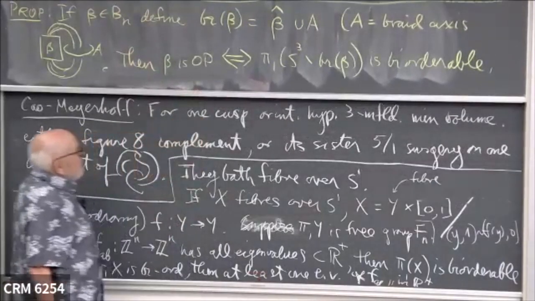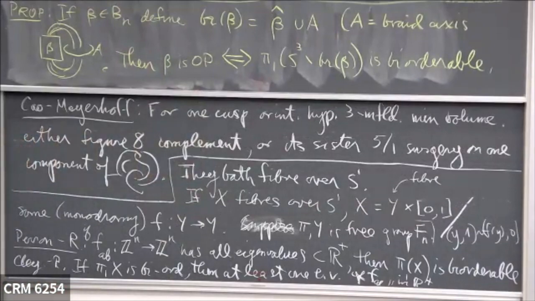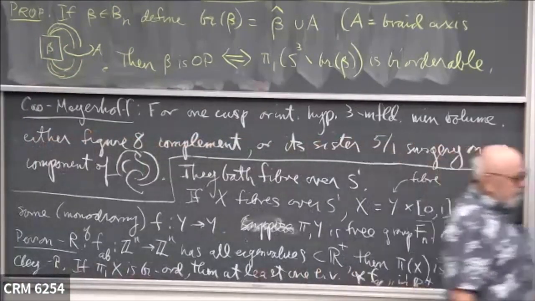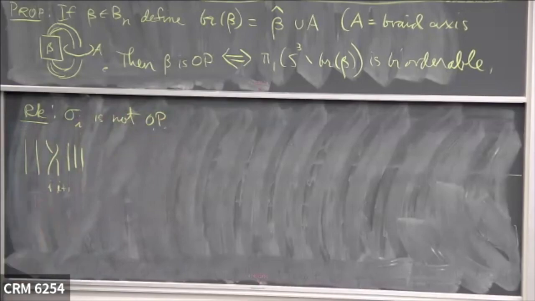So that gives you a nice criterion for checking when the complement of a link of a certain form has a bi-orderable group. That's great.